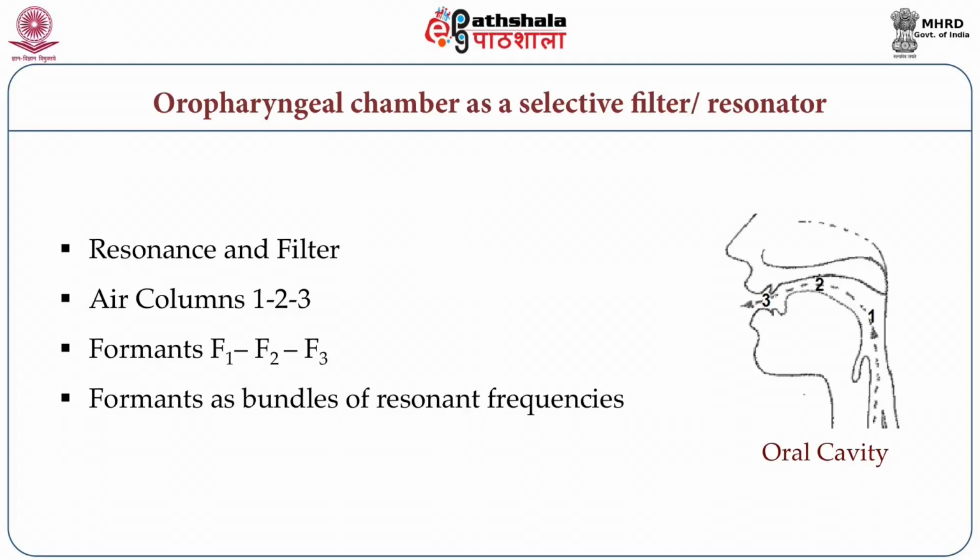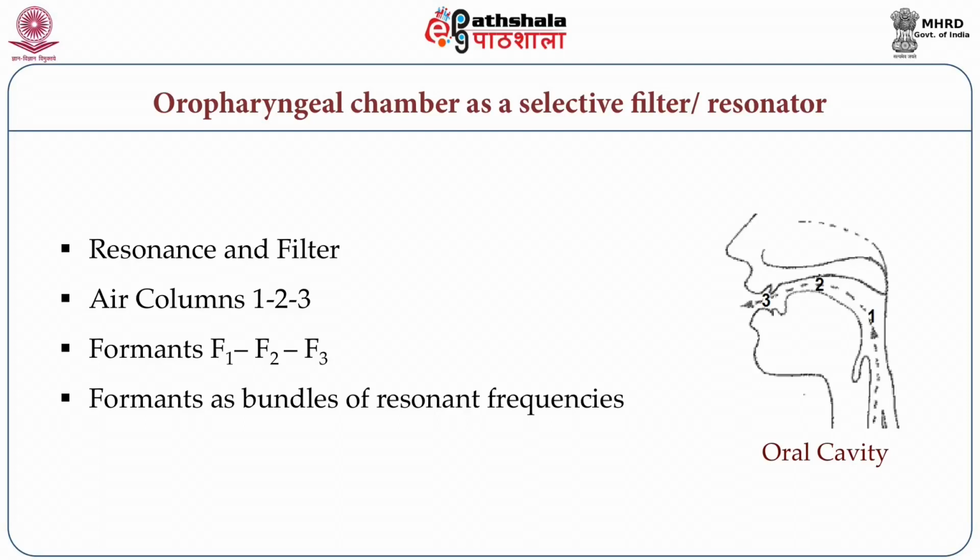Then the third formant, if at all it is produced, happens between the teeth and the lips, the frontmost air column. Formants are not single frequencies, because as you can see, these air columns are large and not strictly uniform throughout, and therefore these are bundles of resonance frequencies.